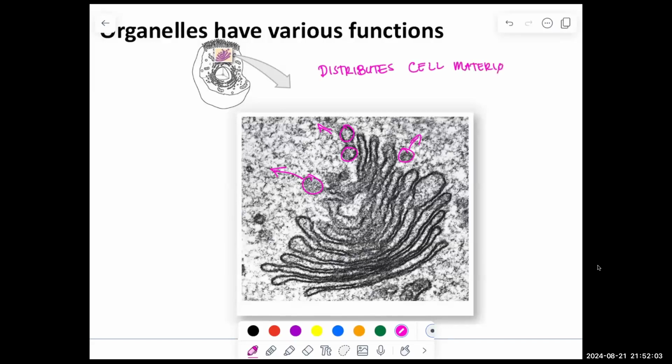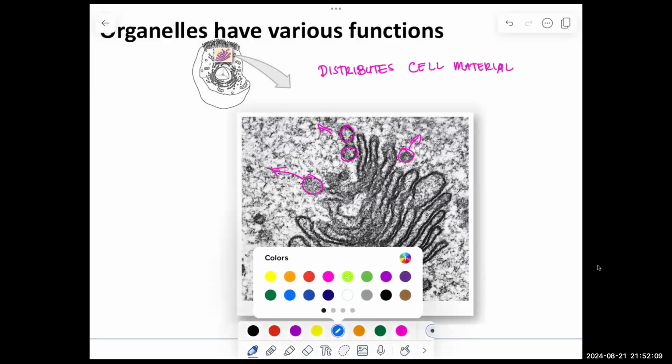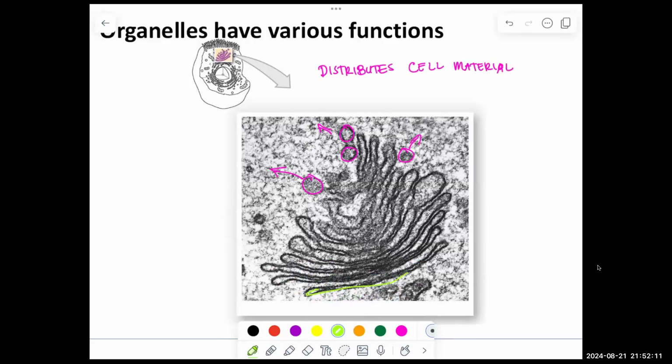But not only does it distribute them down here, and by down here, let's see what color do I want this thing. I want to go with green. Down over here, it's deciding where things are going to get to. So it packages the materials. So maybe this one is full of proteins.